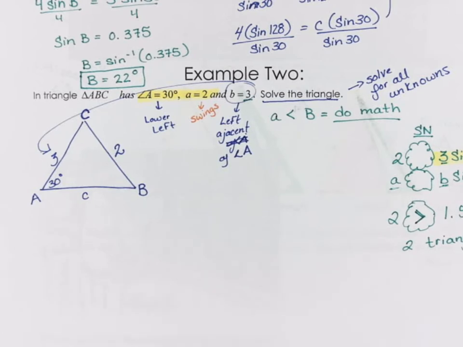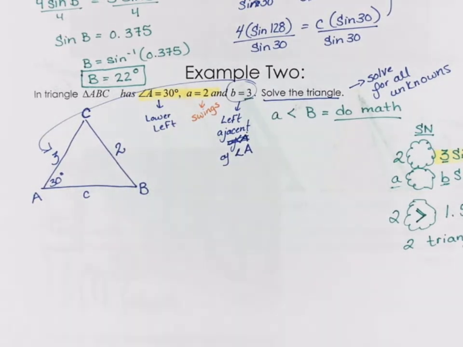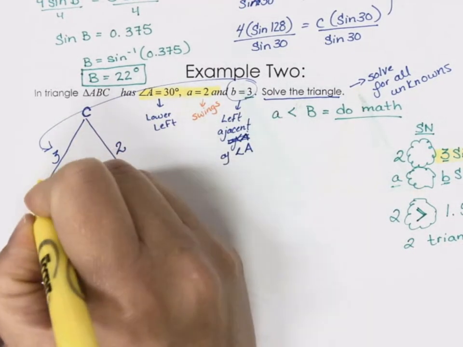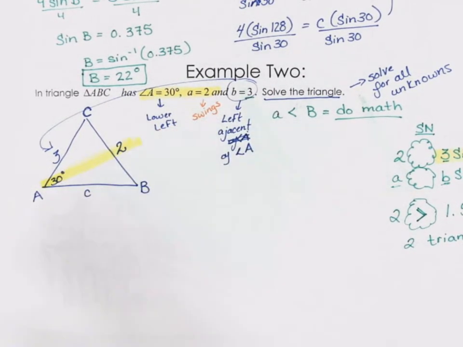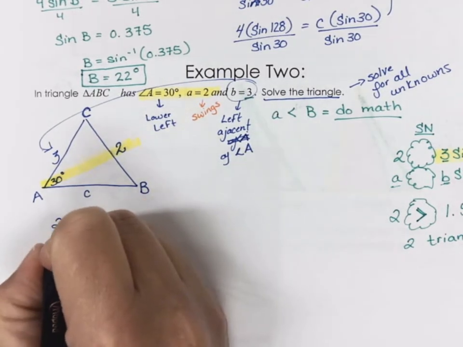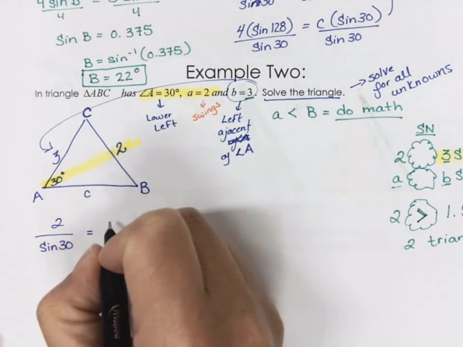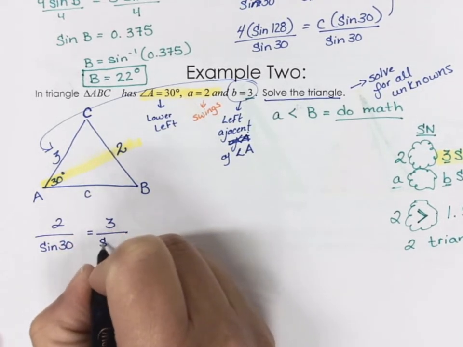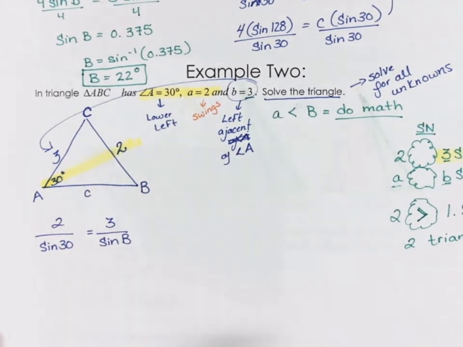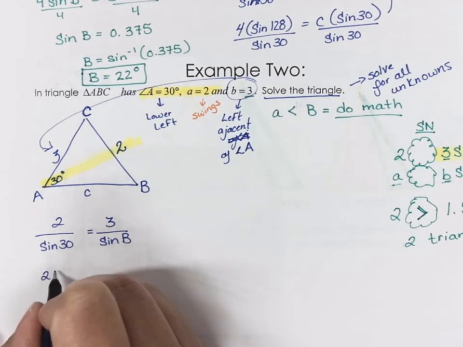Just like we did before. So where's my matching set? I like to highlight that. There's my matching set. So I am going to have 2 over sine 30 equals 3 over sine B. I'm going to go ahead and cross multiply now.